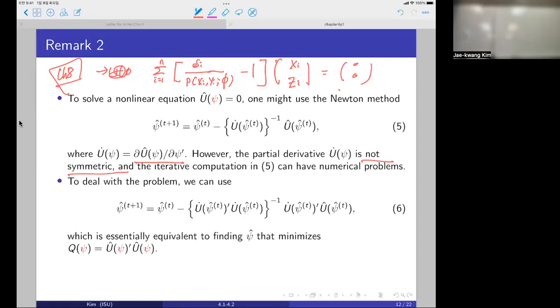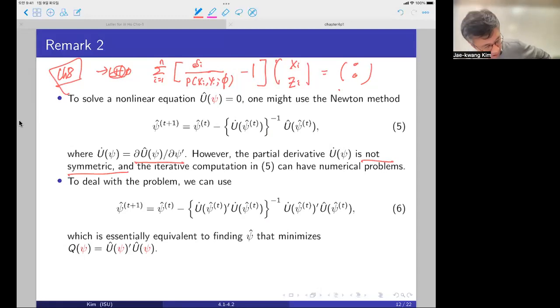So instead of setting to zero, you can find a minimizer. This should be much easier and much more stable than solving this one.